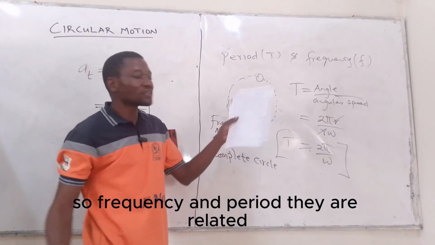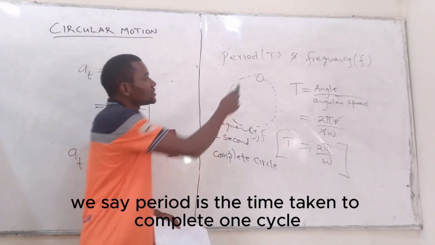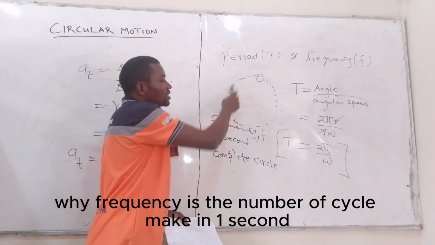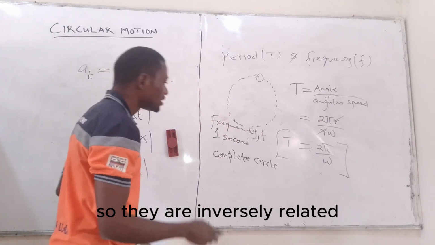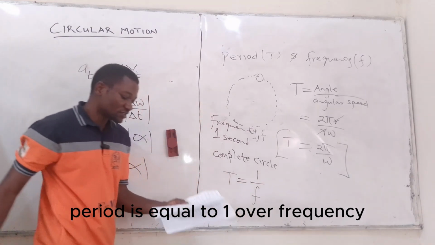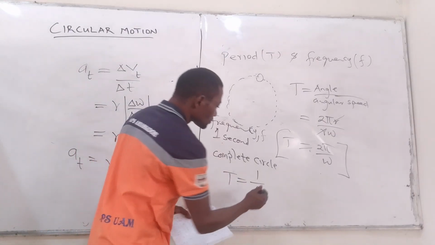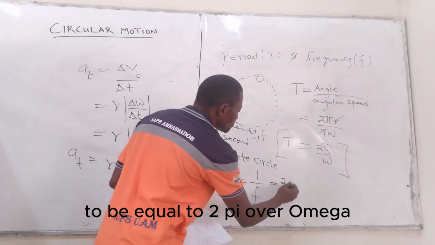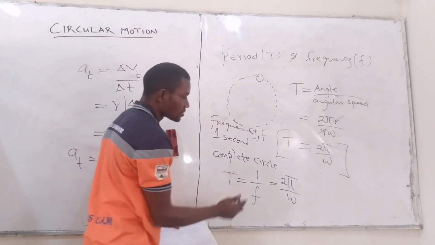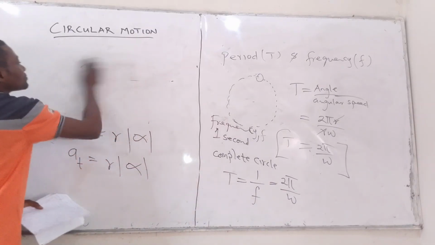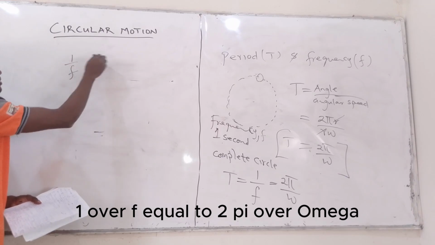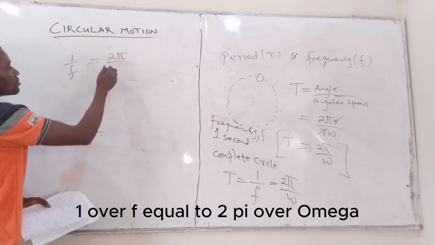So frequency and period, they are related. We say period is the time taken to complete 1 cycle, while frequency is the number of cycles made in 1 second. So they are inversely related. Period is equal to 1 over frequency. So if we have gotten period to be equal to 2 pi over omega, then 1 over f equals 2 pi over omega.